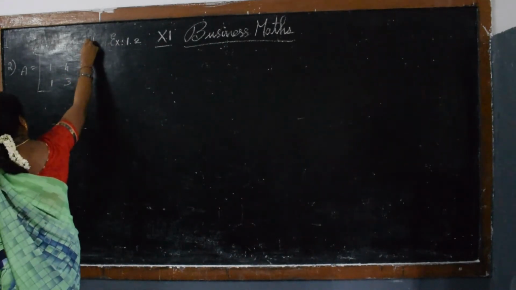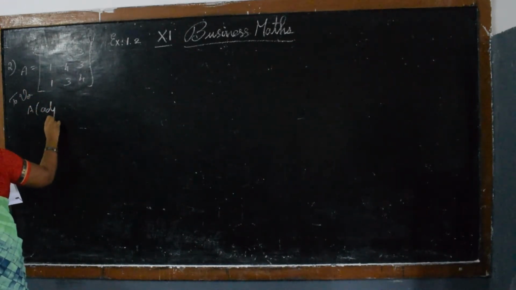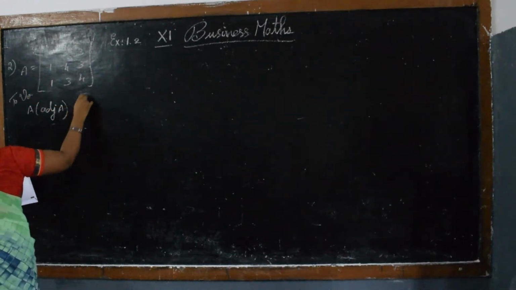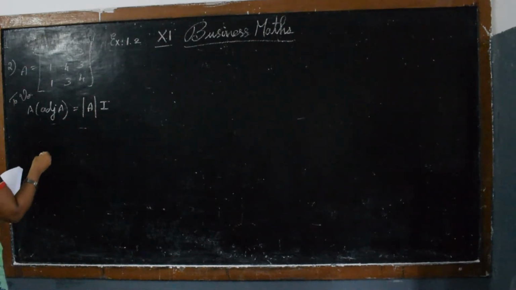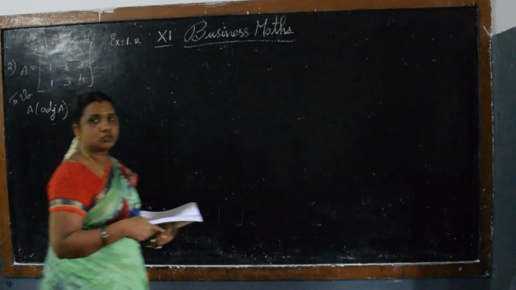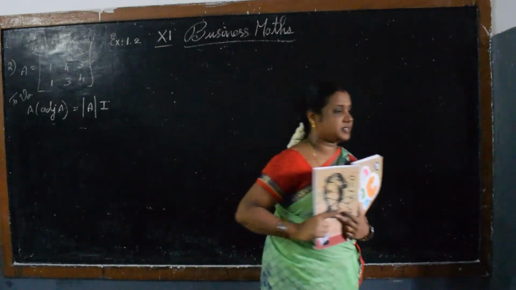You have to verify that A into adjoint of A is equal to determinant of A into I, and also find A inverse. Two parts are there: you have to verify this and find the A inverse.